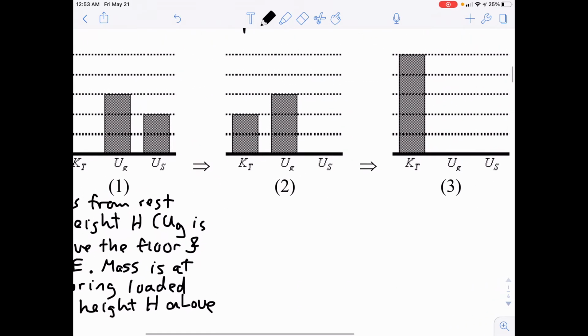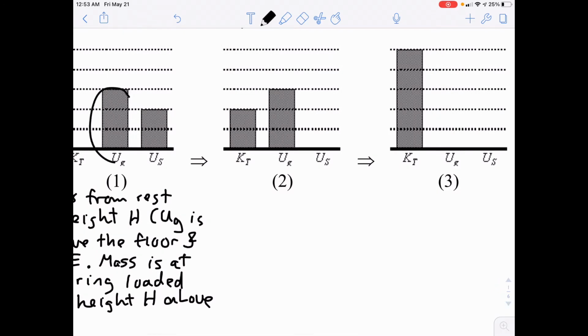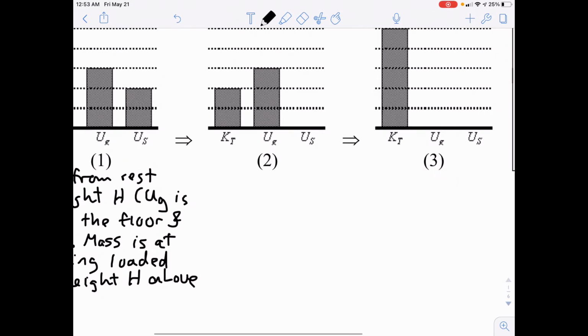Now, if you pay attention to what's happening here, the gravitational potential energy stays the same, which means the object is still on the table at this second time. But all the spring energy has transformed into kinetic energy. So most likely what has happened is the object has slid across a frictionless tabletop.